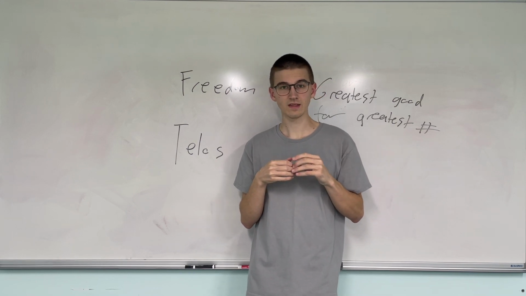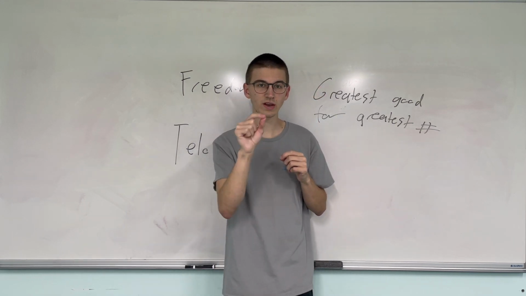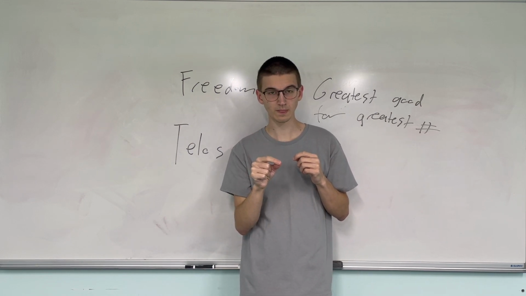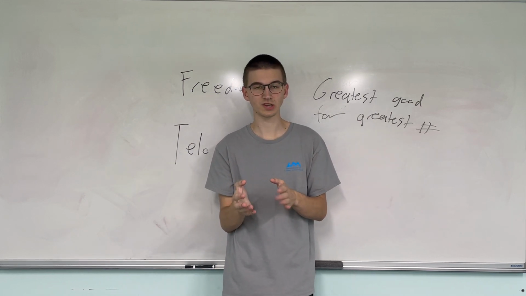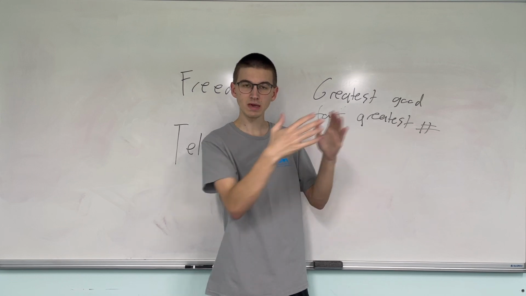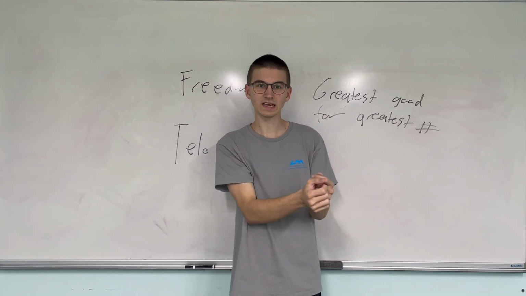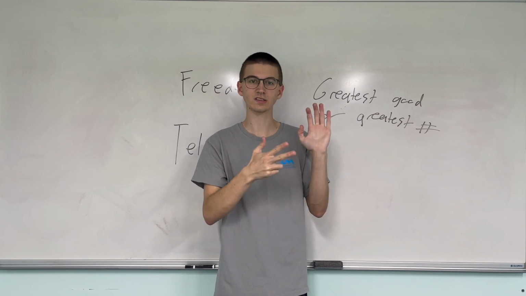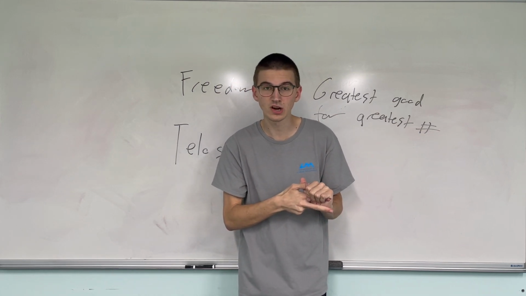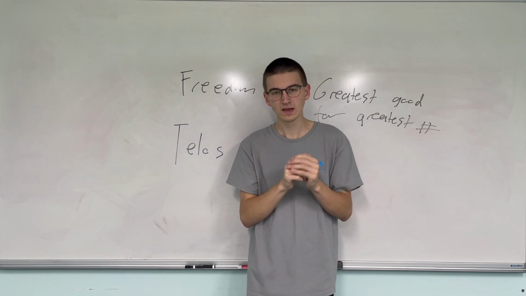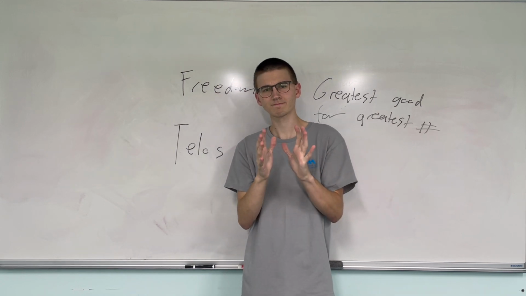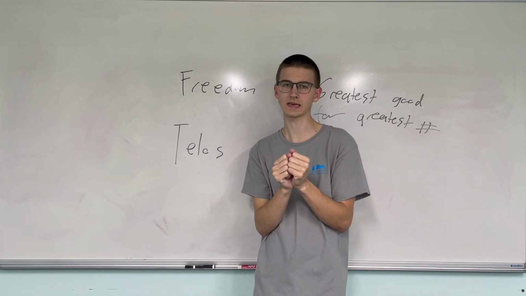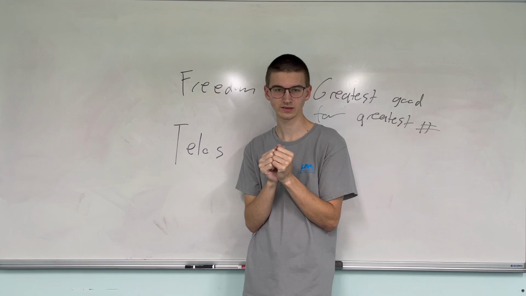Kant would say, this is not doing a good action because it's a good action. It's doing a good action as a means to some end, as a means to get money, social status, personal pleasure, whatever it may be. And Kant says, this is not really being a good person.